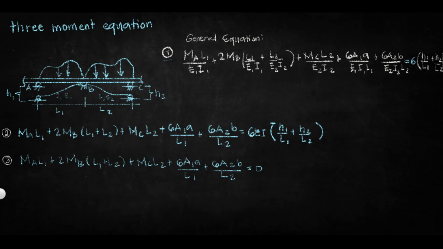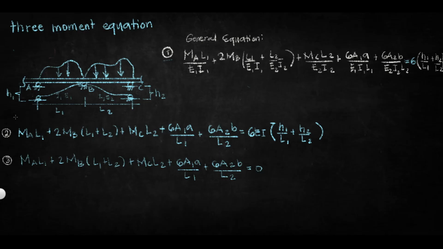This is our general equation, used when there is settlement H1, H2, and the properties of each span differ: a different E1 for the left span and a different E for the right span, and a different I for the left and right spans.